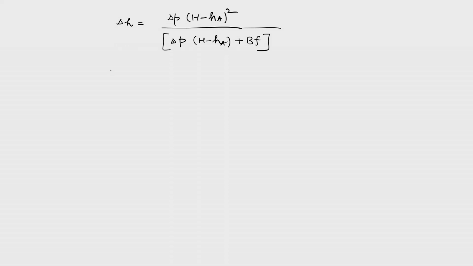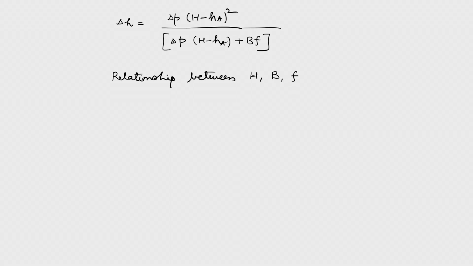So, let us see what is the relationship between flying height H, airbase B and focal length F. Okay. So, let us imagine that there is an airbase B and there are two exposure stations or perspective centers of two images, all right.